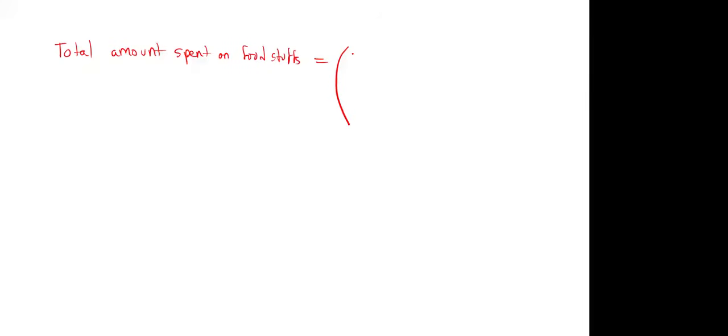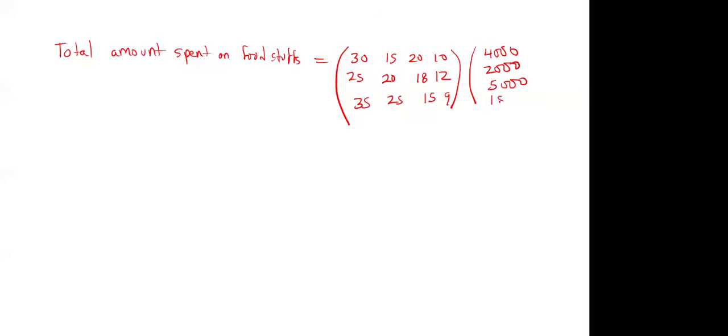And my matrix I had was 30, 15, 20, 10, then 25, this was 20, this was 18, this was 12, 35, 25, 15, and 9. Then I'm going to be multiplying it times the 4,000, 2,000, 5,000, and then 18,000.